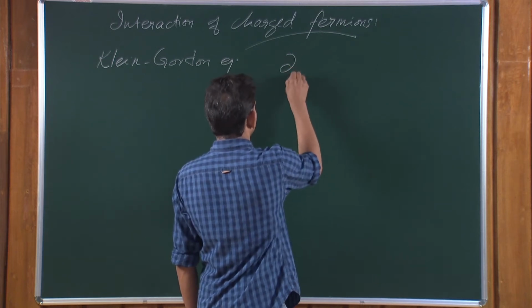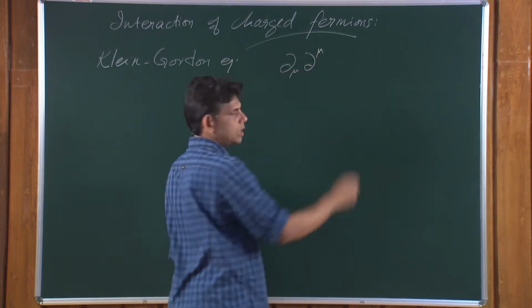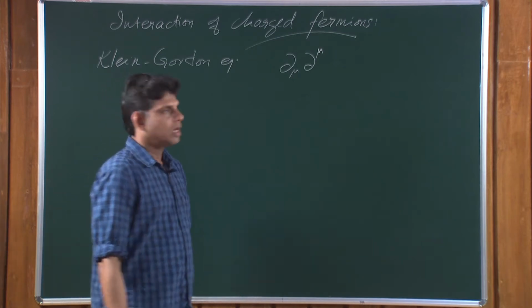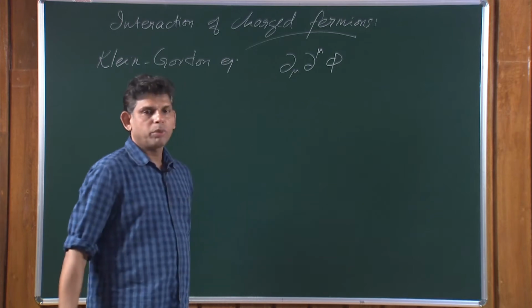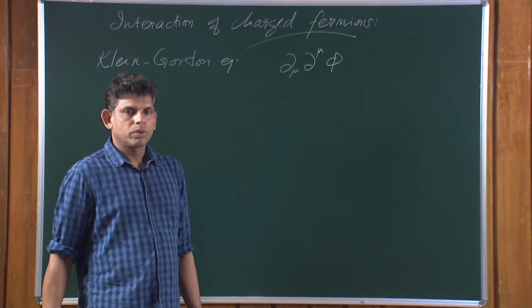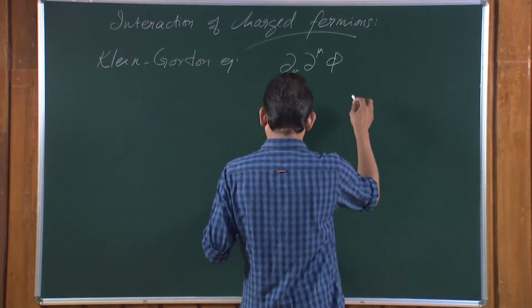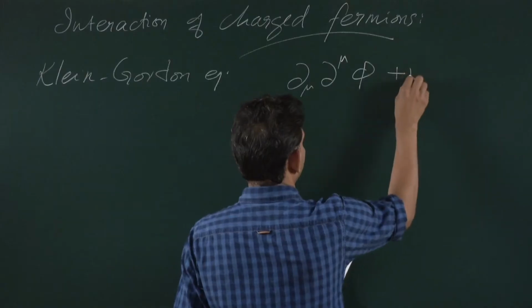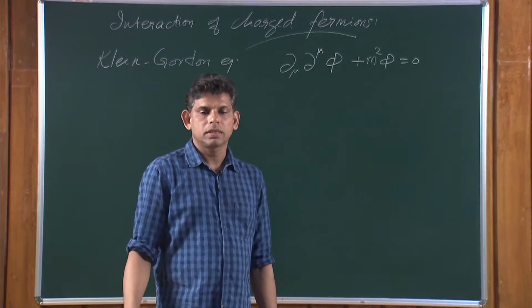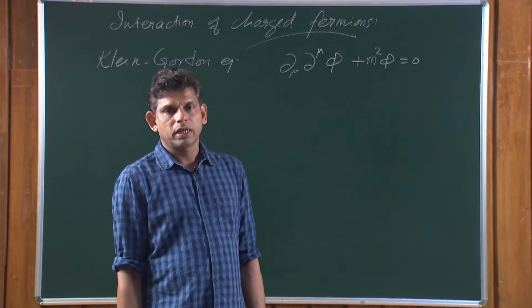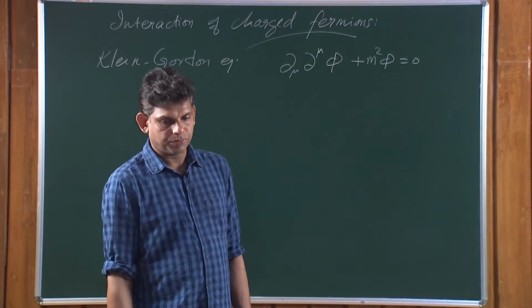So, in the notation that is now familiar to us, I will write this as (dou mu dou mu phi) plus m square phi equal to 0, where phi is the wave function that represents the charged particle.